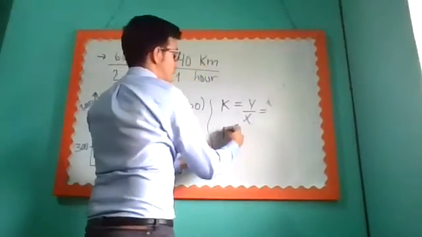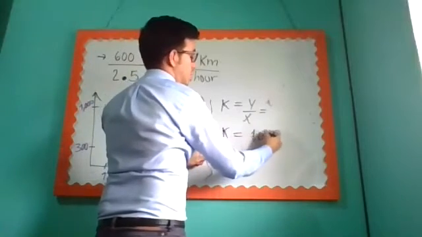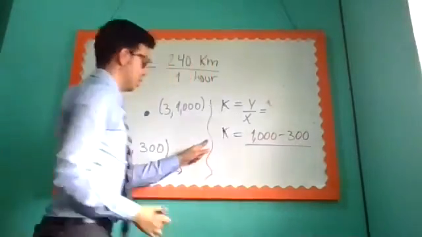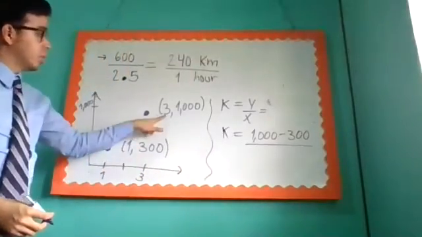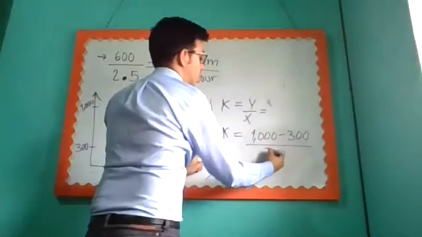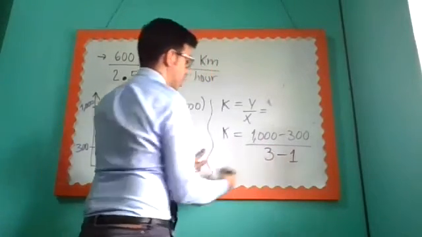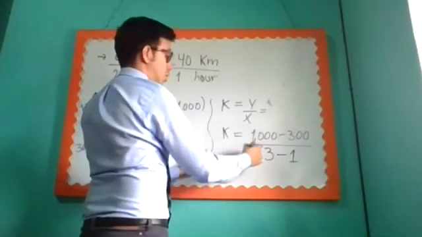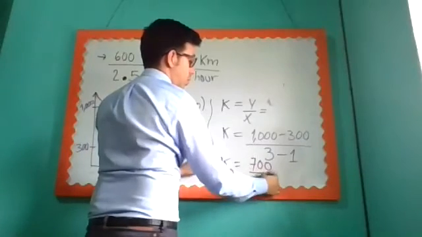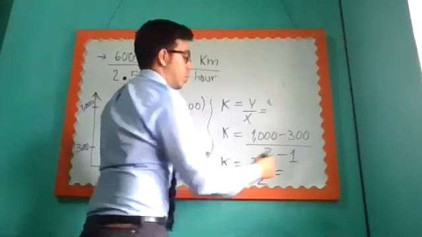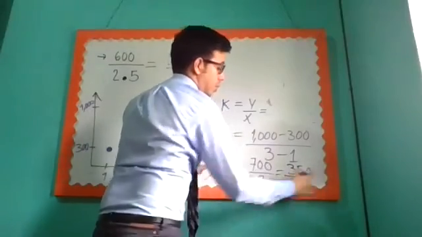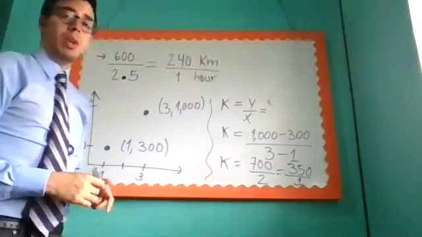So k is 1,000 minus 300 over 3 hours minus 1 hour, 3 minus 1. So k is equal to 700 over 2. That is 350 over 1. Okay? 350.